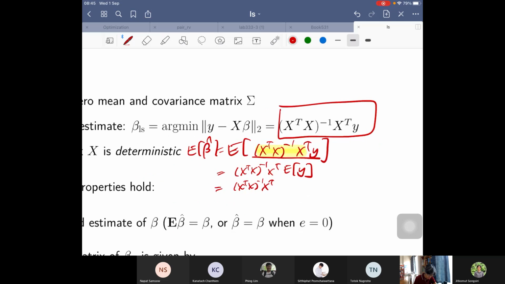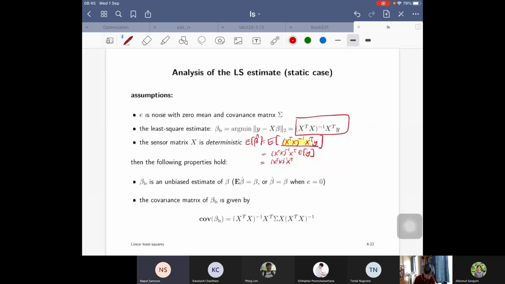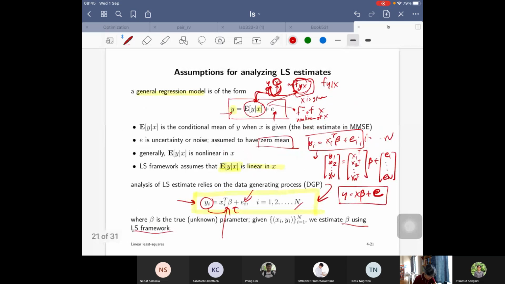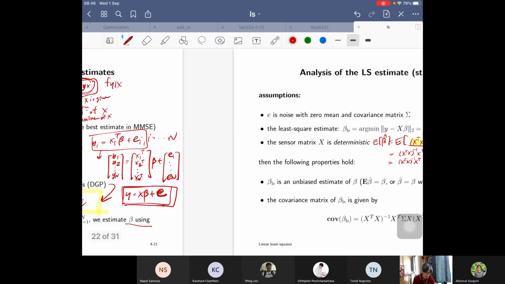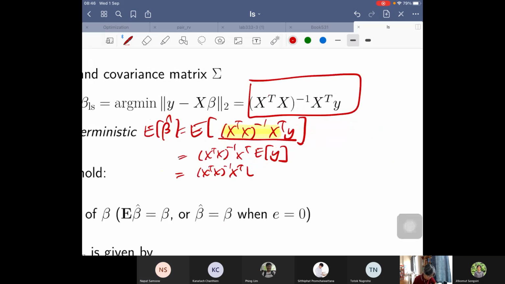Now, that's why we need the assumption. That's why we need to assume how your data is generated. Now I'm going to use the information from the DGP. This is the equation of your measurement Y. You assume it to be generated from this equation. All right.